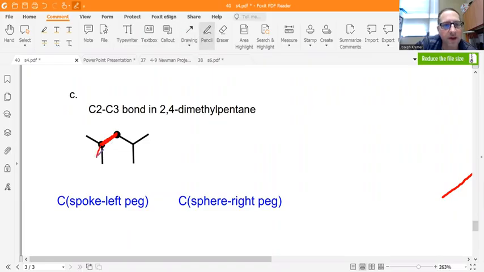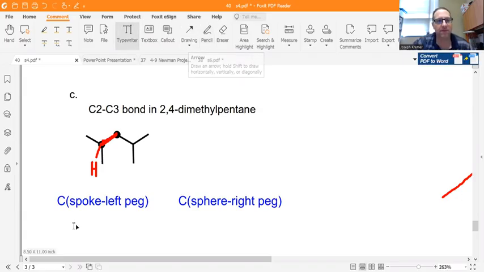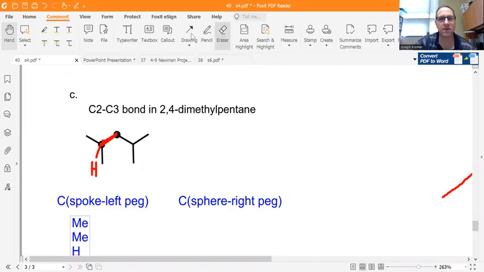So let's dedicate a hydrogen here, and that can help us complete our list for the peg. On the left, we have methyl, methyl, hydrogen. Methyl group, circle the end of it. Methyl group, circle the end of it.